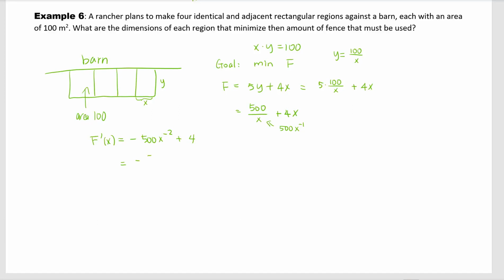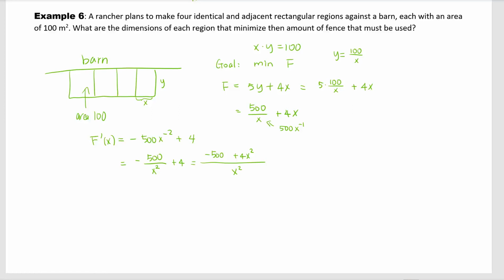So f prime is minus 500 over x squared plus 4. Remember, every time you see x with a negative exponent, it lives in the denominator. So put it down and take the common denominator. We have 4x squared minus 500, over x squared. This is a quotient.